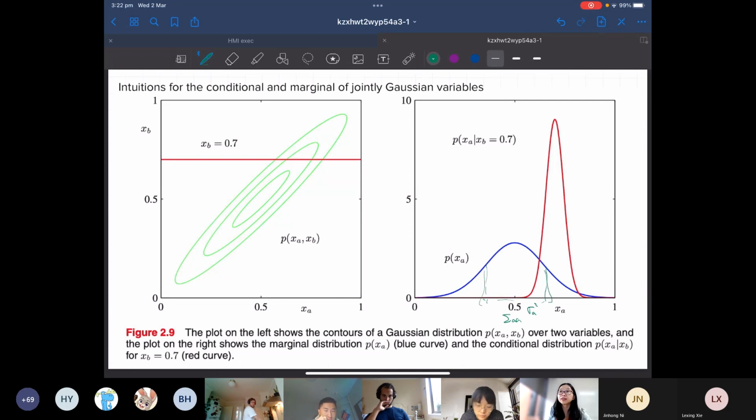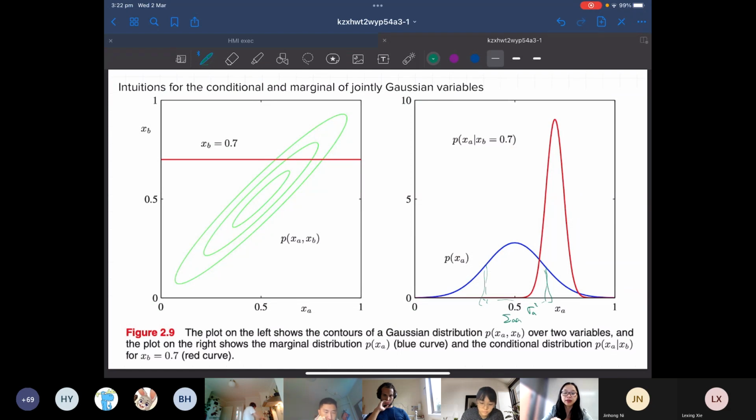So what do conditionals mean? Conditionals in this contour picture are basically slicing this high dimensional probability volume at a particular value of xb.